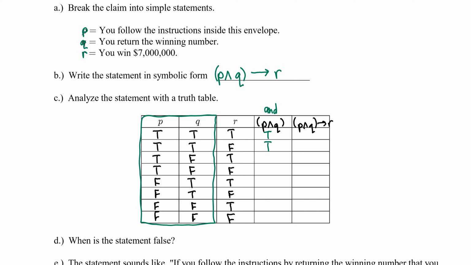In rows 3 and 4, you have only one true, therefore the conjunction is false, right? In rows 5 and 6, you've got one component false, one component true. Your conjunction is false. And then finally, in rows 7 and 8, the last 2 rows here, both components are false, therefore our conjunction is false.